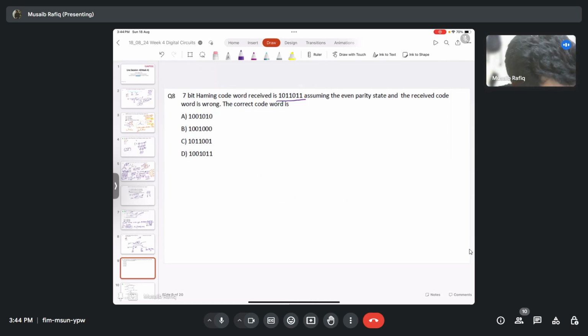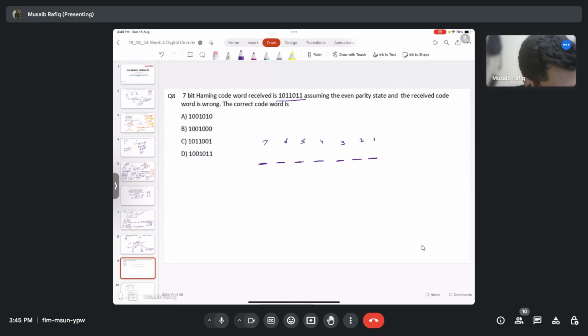Let's just first mark these 7 bit positions of the Hamming code: 1, 2, 3, 4, 5, 6, 7.